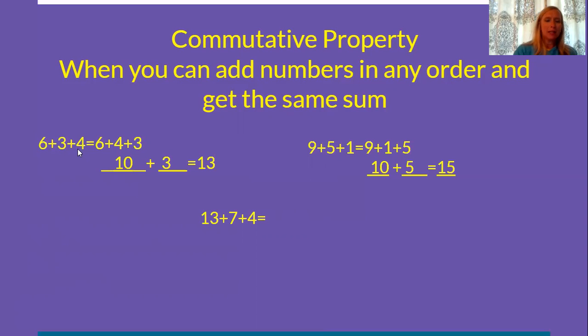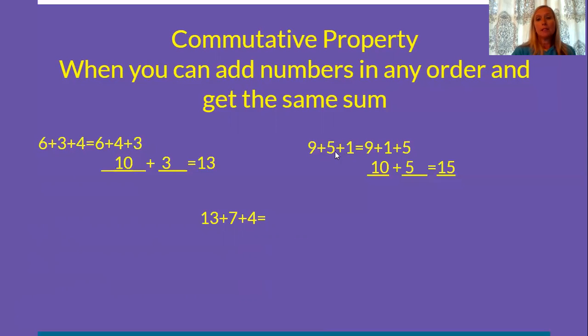I could do that, but instead, I'm going to look for nice numbers. Nice numbers are things like 10. When I know my sums of 10, that helps me with other math problems. So I rearrange these numbers and add 6 plus 4, which is 10, and then it's easier for me to add 3 because 10 and 3 equals 13.